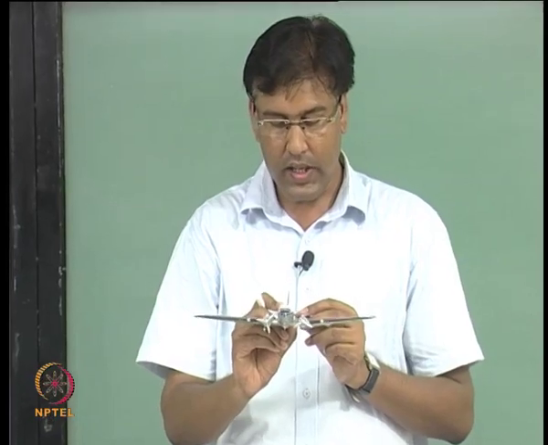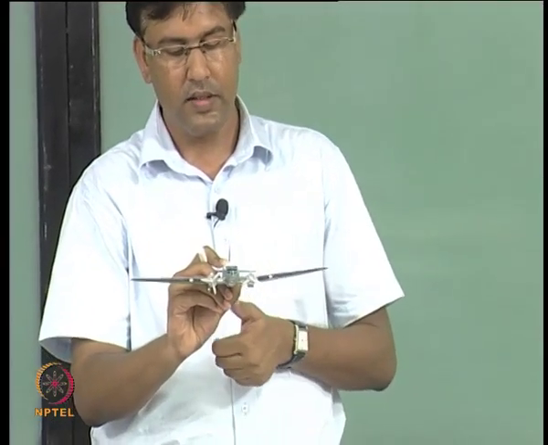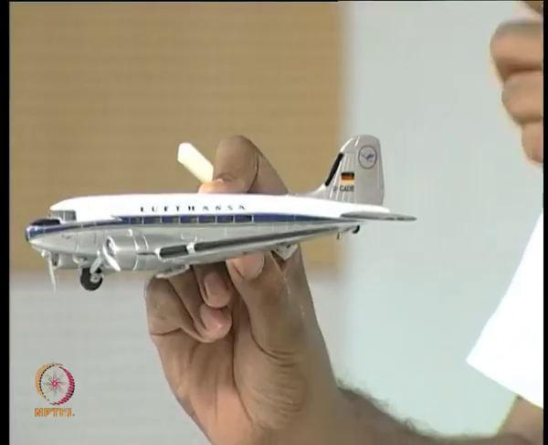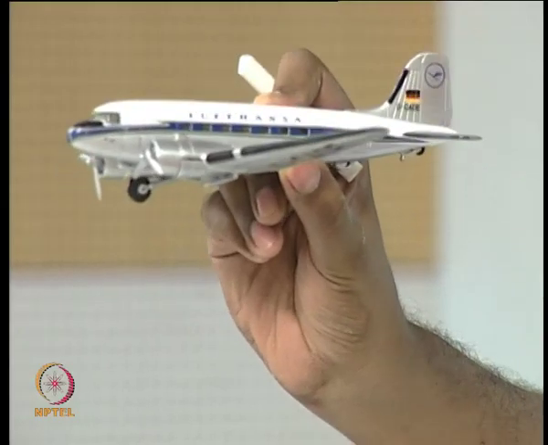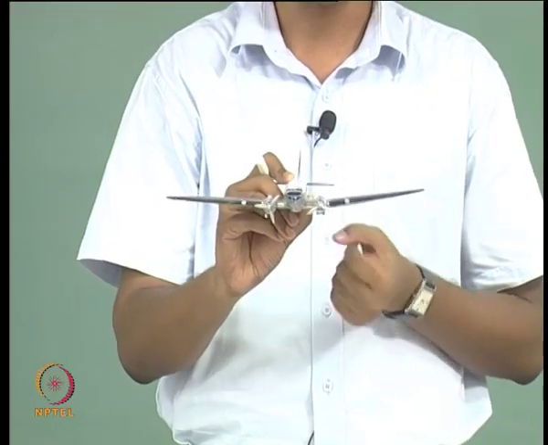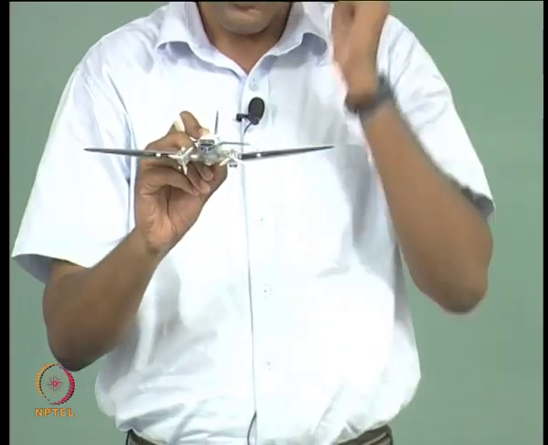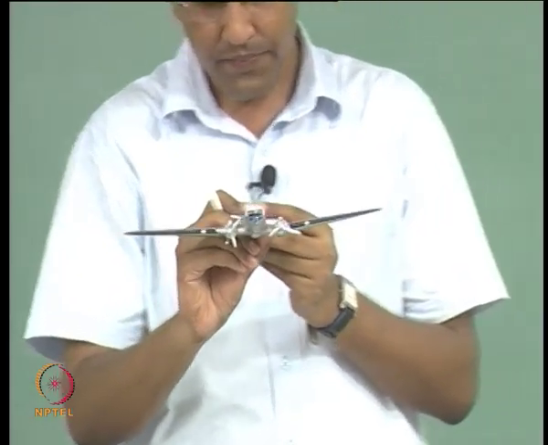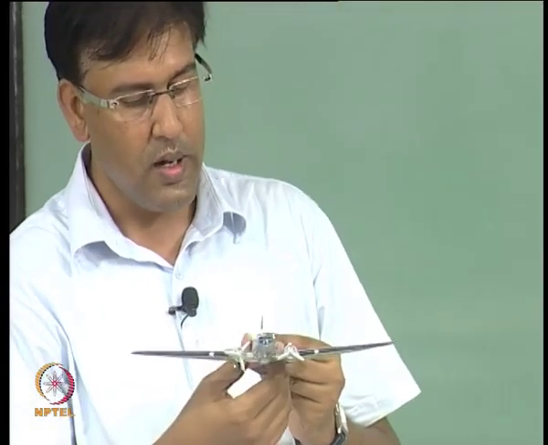If you look at the vertical tail, it's looking up, vertically up. Why is it not upside down? That is also one might wonder about. And the horizontal tails.